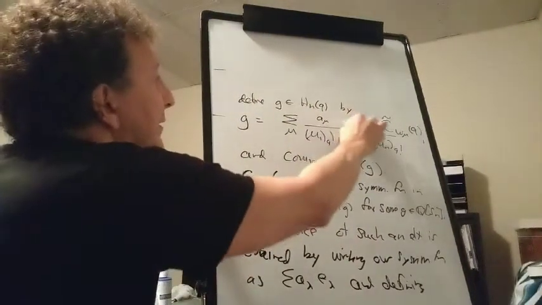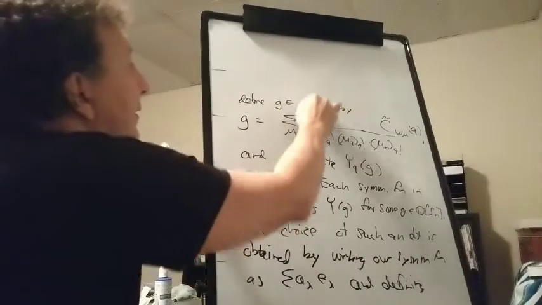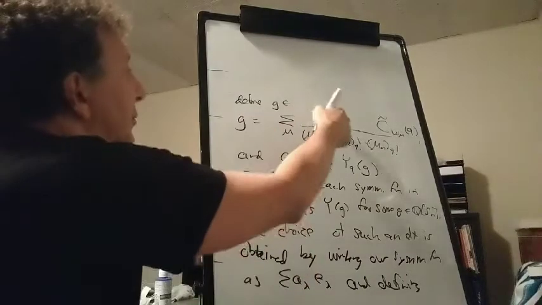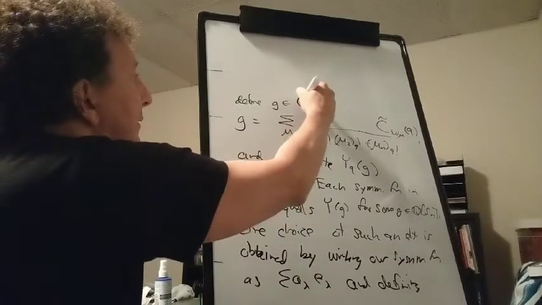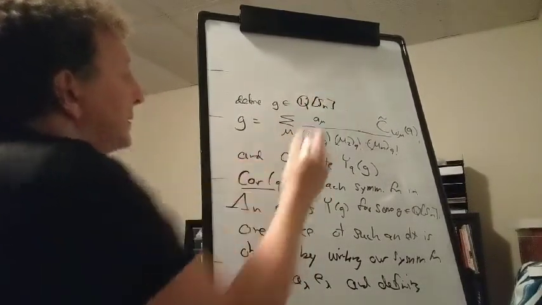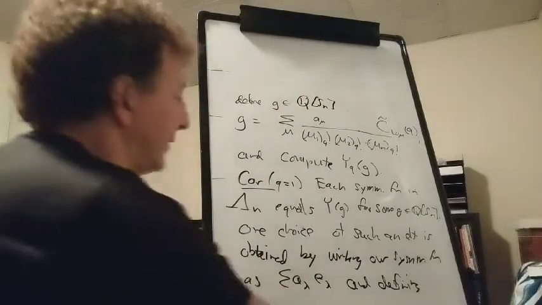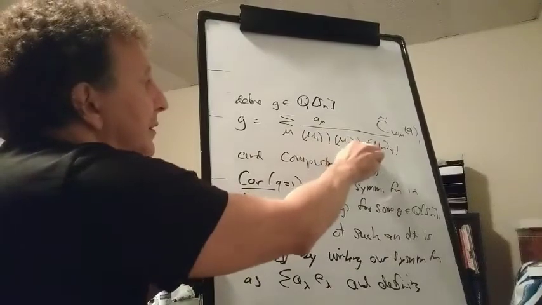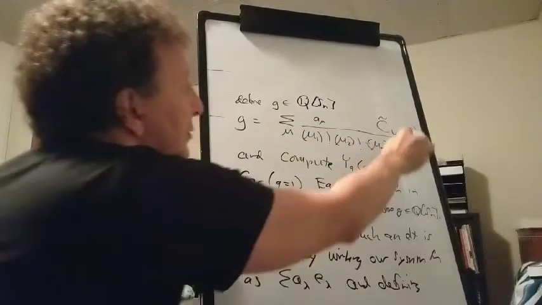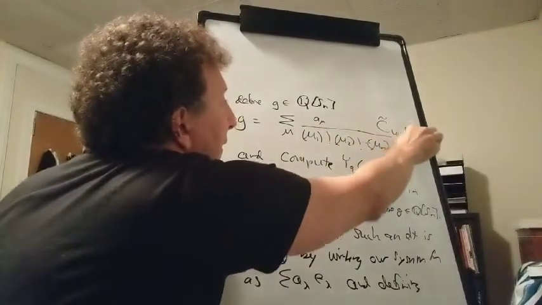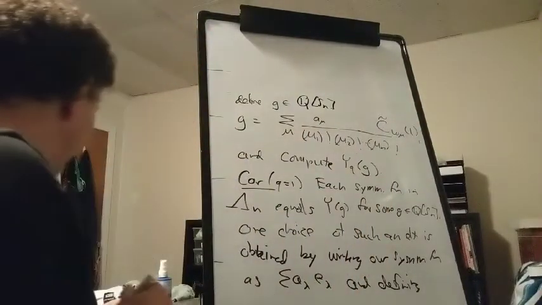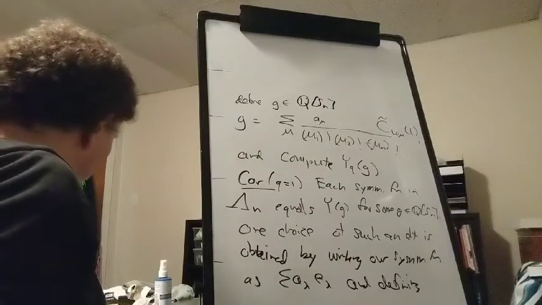We're going to take the coefficients and put them in the numerator. And then in the denominator, we're going to take all the parts of mu factorial, but with no q's, and multiply each one by the Kazhdan-Lustig basis element evaluated at 1.